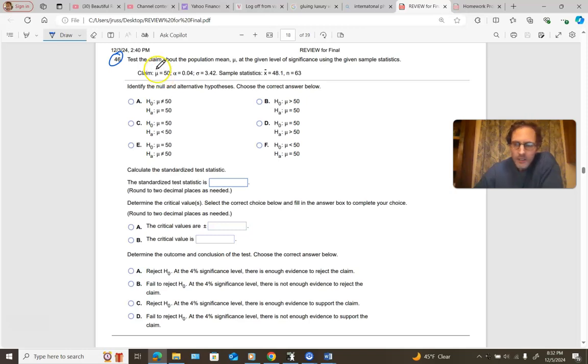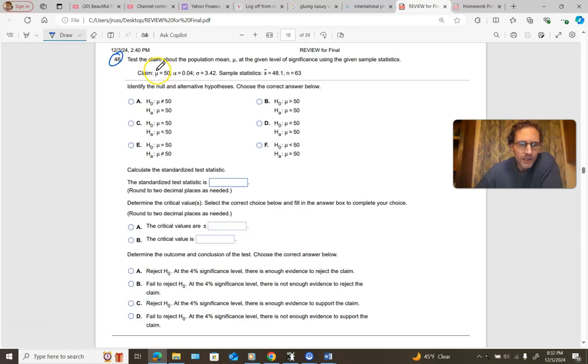So the claim is that mu is equal to 50, and then it gives us the alpha. This is the level of significance. Then it gives us the standard deviation of the population, and then the sample mean and the size of the sample.